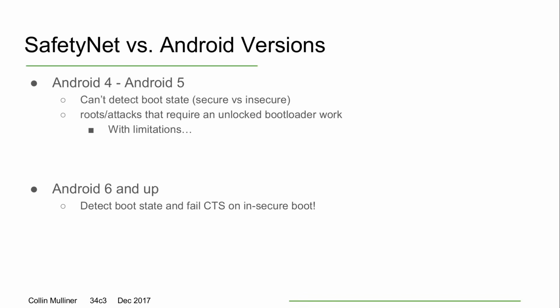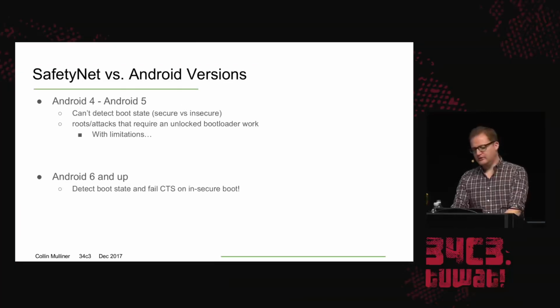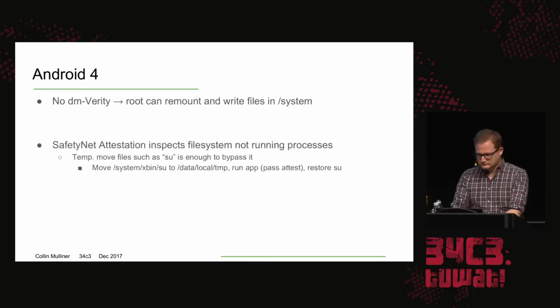But this already shows you that all devices are much harder to judge in terms of the attestation system, because of certain limitations of the actual OS. So in your security policy in your backend, you basically have to know that if something like Android 4 or 5 devices, we might not be able to see certain things if you just use SafetyNet.